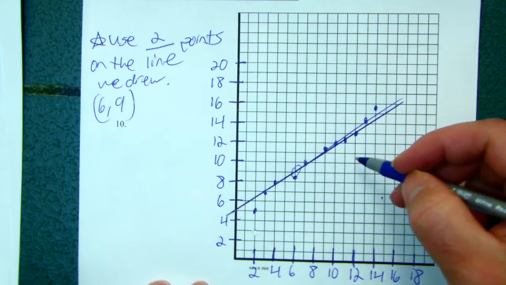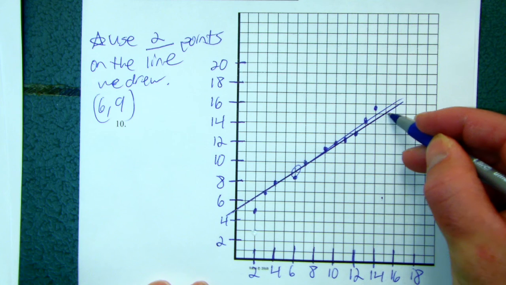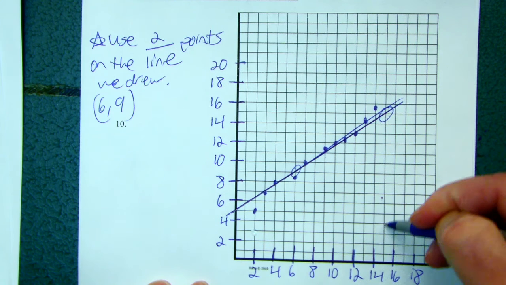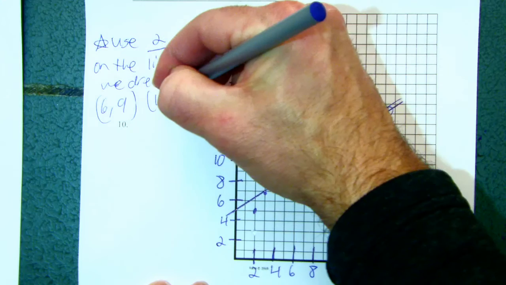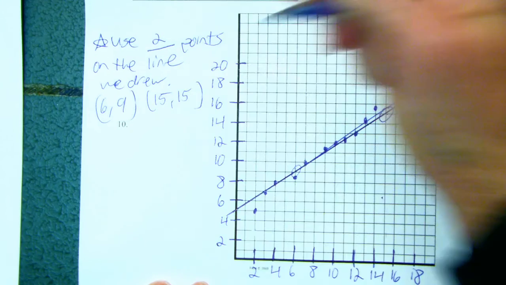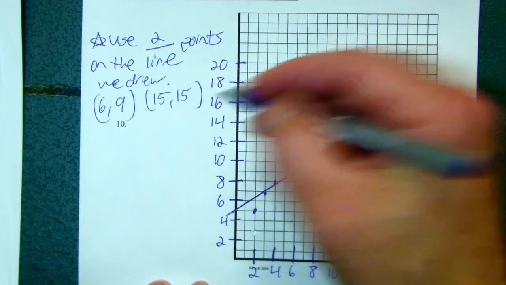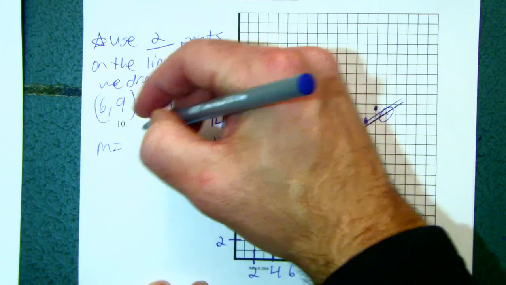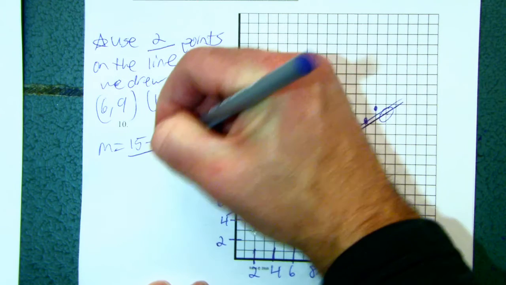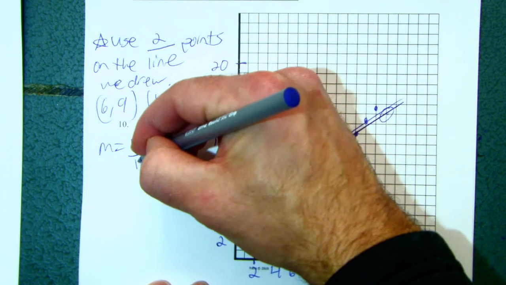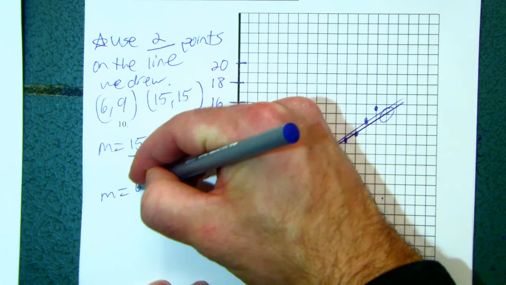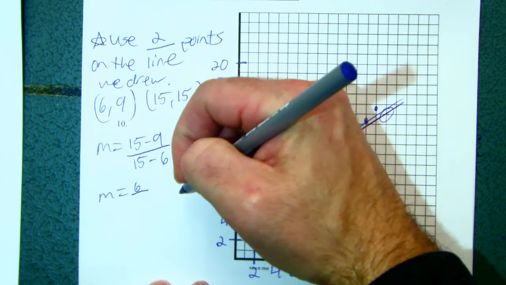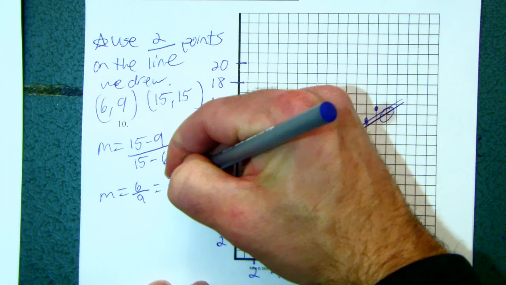And I'm going to go, let's go right there, that's 15, 15. All right, I'm going to write my equation using those 2 points. I'm fine with decimals here, so we're going to have 15 minus 9 in the numerator, 15 minus 6 in the denominator. So this is going to be 6 over 9, or 2/3.